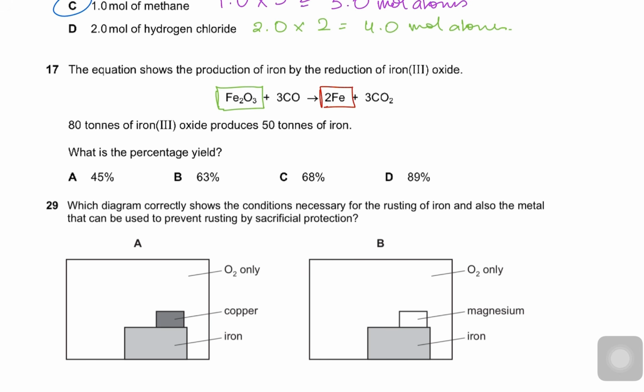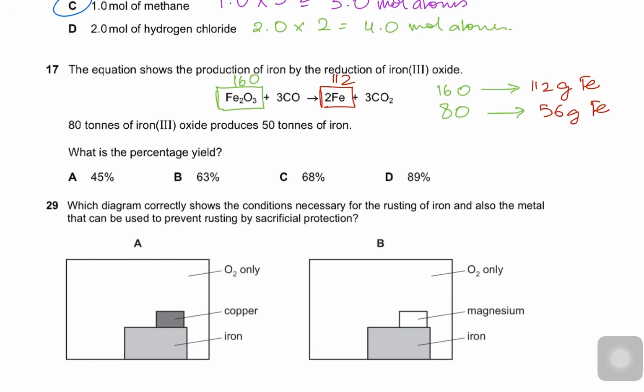So it is 160 units of mass produce 2 iron. 2 iron means 56 times 2, which has to be 112. So 160 produces 112 gram iron.